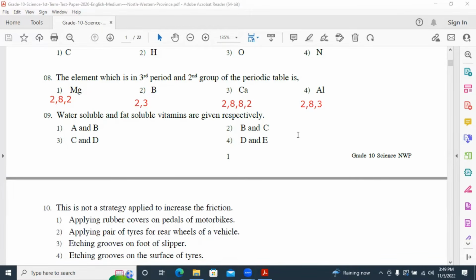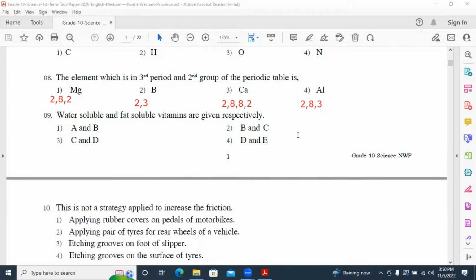Now, by using these, we can tell which one is the element in third period and second group. You can see if these elements have 3 energy shells, then they belong to the third period. Here, magnesium and aluminium have 3 energy levels, so they belong to the third period. We are finding the group by the number of electrons in the outermost energy level.